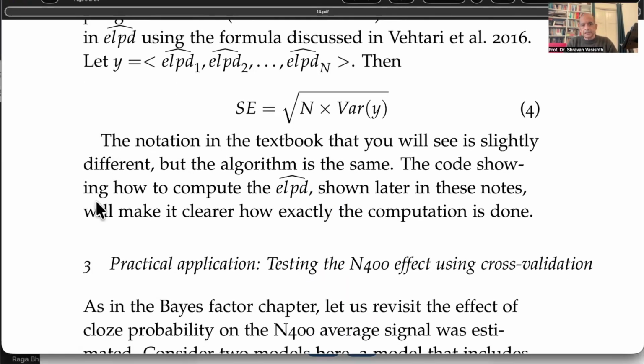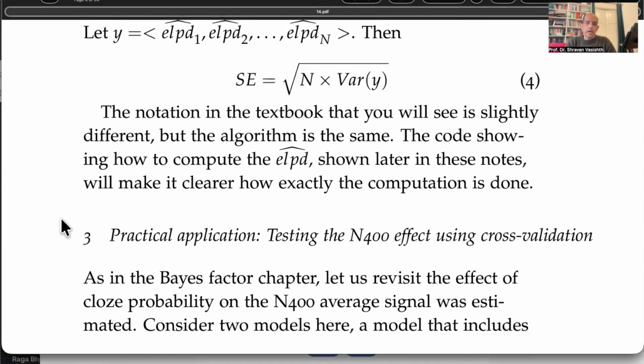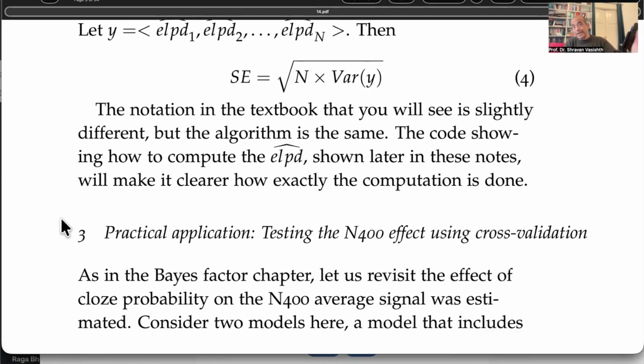So the notation in the textbook is a bit different, but the algorithm is the same, right? You will see later on, when I unpack the algorithm with actual Stan code and the aftermath of the Stan code, how these equations pan out, what they give us. So the upshot of all this is that for any given model, we can compute the ELPD hat and its standard error, and then we can compare those two ELPD hats to figure out which model is better.